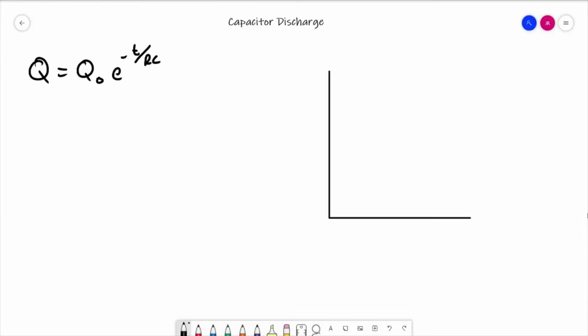So bringing that forward to a new slide, we've got the equation Q is equal to Q0 e to the minus t over RC. Now this type of equation, especially when we get e to the power of minus something, is known as an exponential decay.